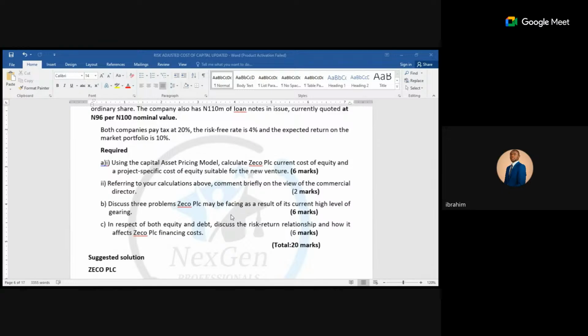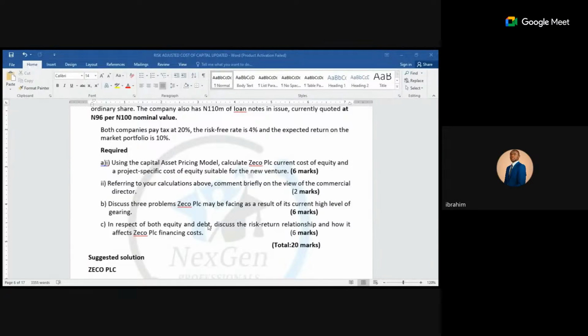Next, C. In respect of both equity and debt, discuss the risk-return relationship and how it affects Zeco PLC financing costs. So someone will explain the debt and equity relationship with respect to risk and return.